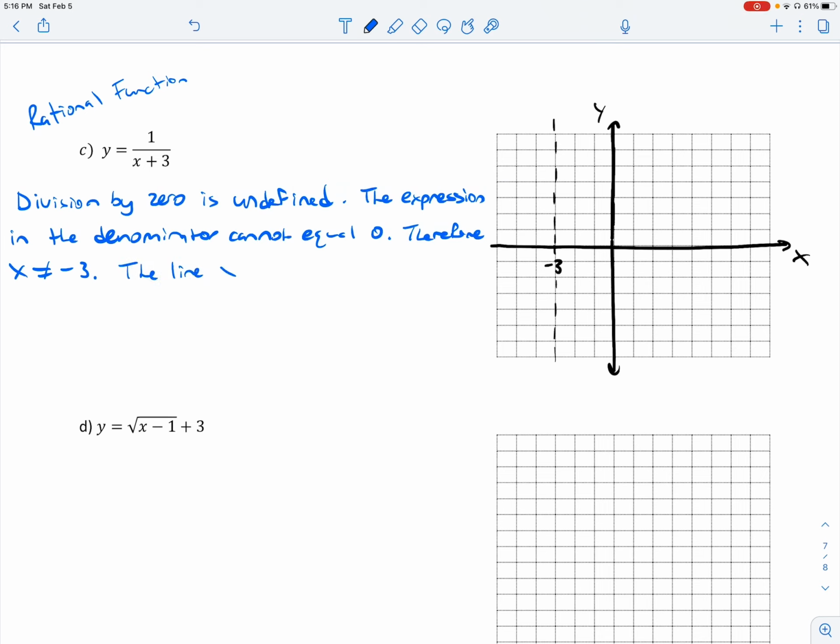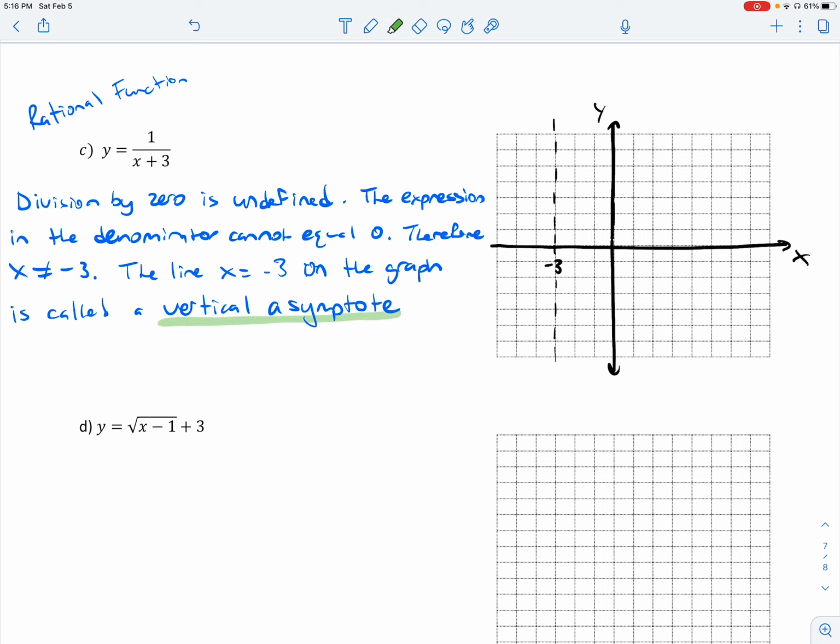So the line x equal to negative 3 on the graph is called a vertical asymptote. Okay.